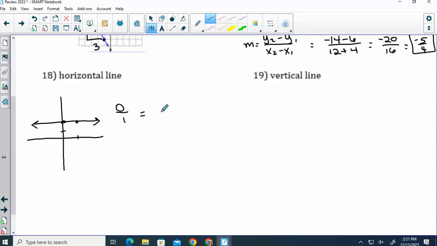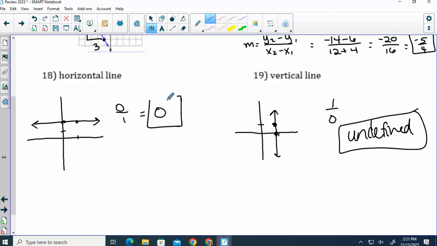What's 0 divided by 1? 0. Slope of a horizontal line is 0. What's the slope of a vertical line? Undefined. If you weren't sure, you could draw yourself a graph. Okay, if I tried rise over run, here I go up 1 but over 0, and we can't divide by 0, so vertical line is undefined.